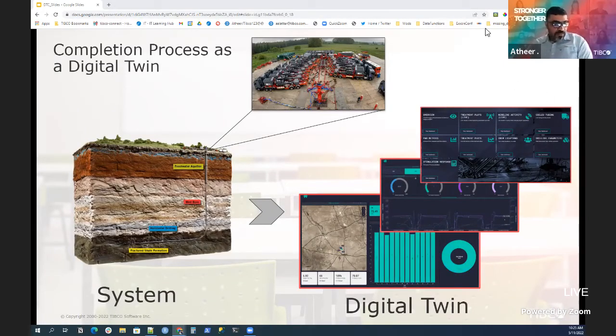So here's a brief description of our vision for the completion process as an example of a process digital twin.